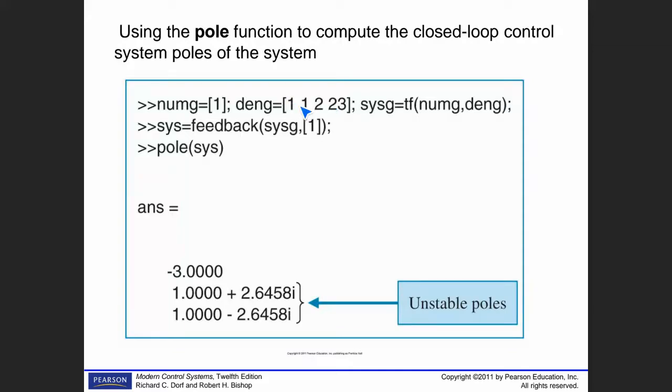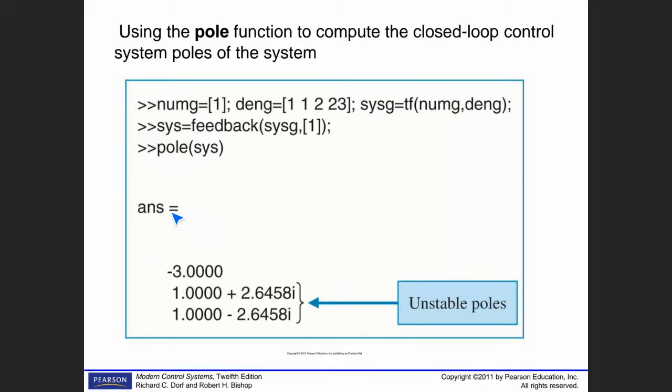There's always a space here. Don't forget the semicolon here. Then you write system equals transfer function of num and den, then feedback gets the system. And then if you write pole of system, it is going to give you the poles.